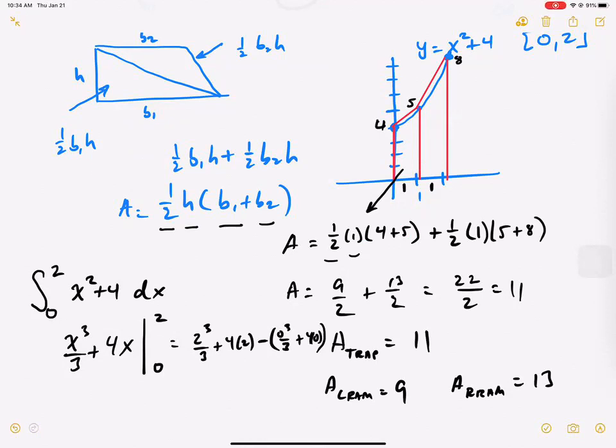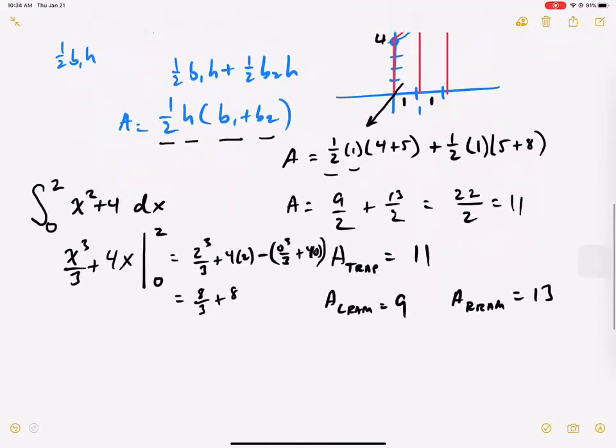Of course, 0 cubed and 4 times 0 isn't going to matter to us. We're going to end up with 8 over 3 plus 8. We can just combine this to become, this is 2 and 2/3 plus 8. You guys okay? 2 and 2/3. And this adds up to become 10 and 2/3.